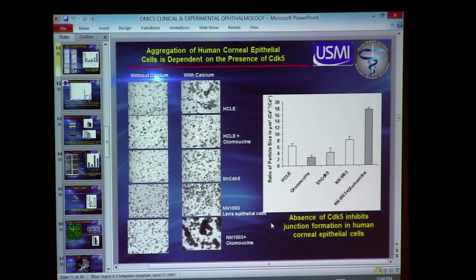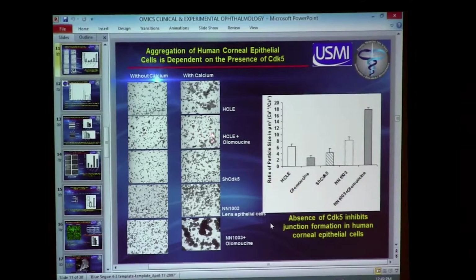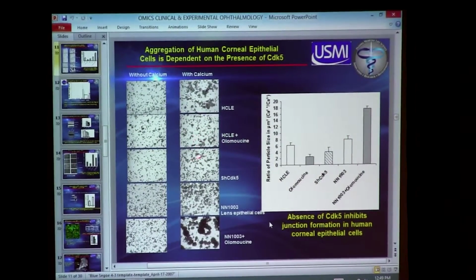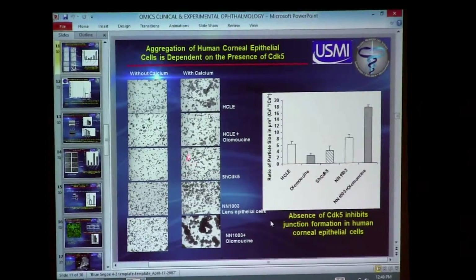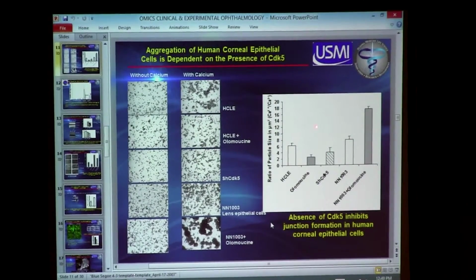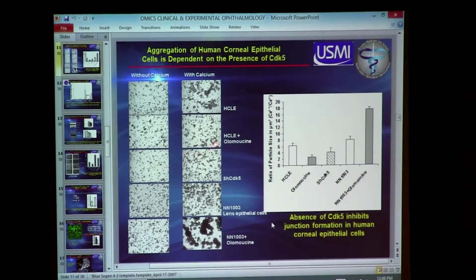In contrast, in the second panel on the right, you see that in the presence of olomoucine, a pharmacological inhibitor, or in the absence of CDK5, the clusters or the junction formation was smaller. So this slide suggests that the junction formation was dependent on the type of cadherin that the cells expressed. So it was E-cadherin and not N-cadherin.